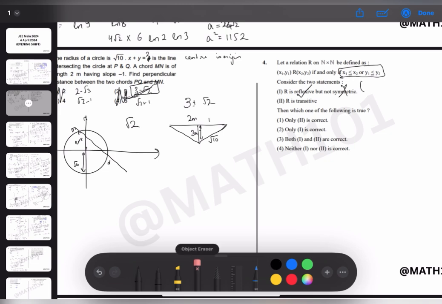We got the counter example 1 comma 1 and 3 comma 3. And it is not transitive. The counter example is say 1 comma 3 and 2 comma 3. So this is true.